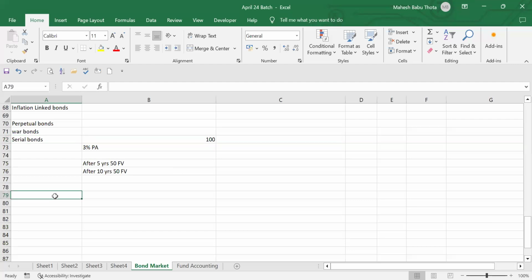Then we have climate bonds. These climate bonds will also be issued by governments only, but not in our regions; mostly in places like Canada and Japan. Majorly the insurance companies want to support with a lot of funds during a few seasons, because their geographical area is more prone to natural calamities.